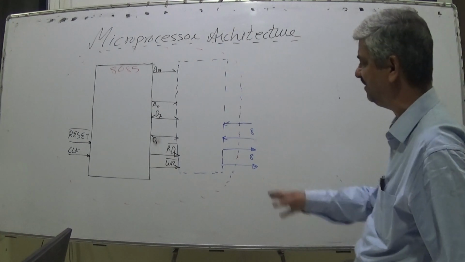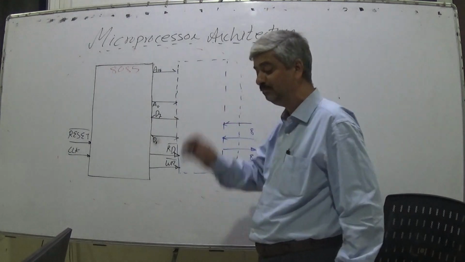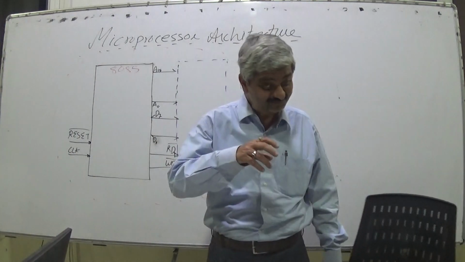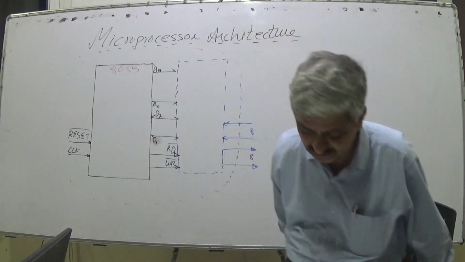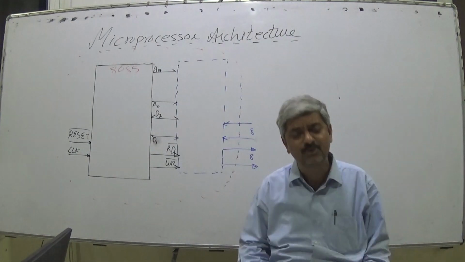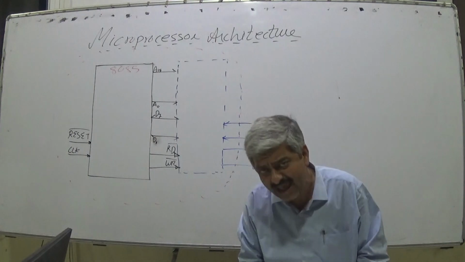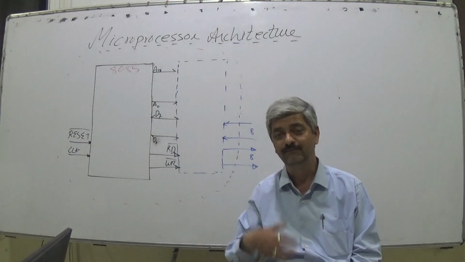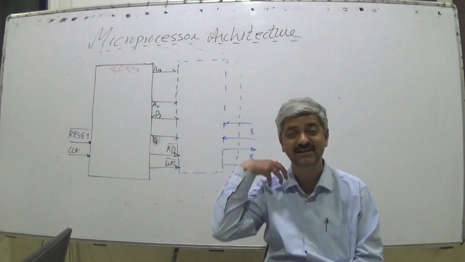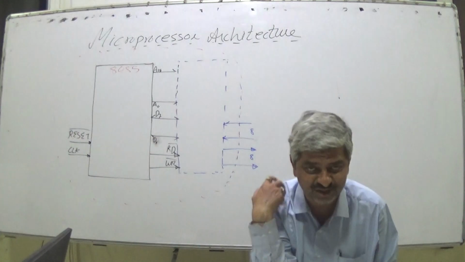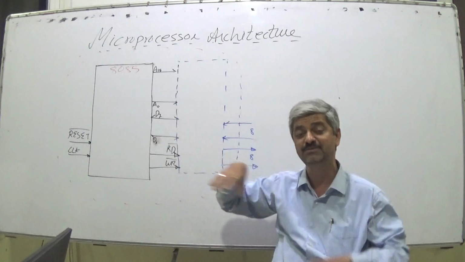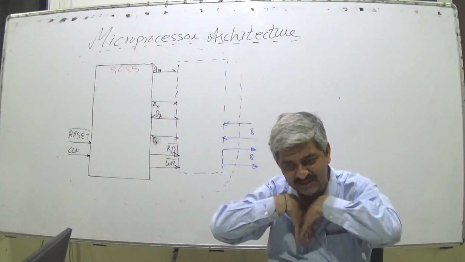You can design a separate circuit for something which you want to do. But the microprocessor means it is just a computer. Without a computer, can't you calculate? You can. But the flexibility and ease of operation which a computer performs in general, and a microprocessor performs, is phenomenal, is extremely large.